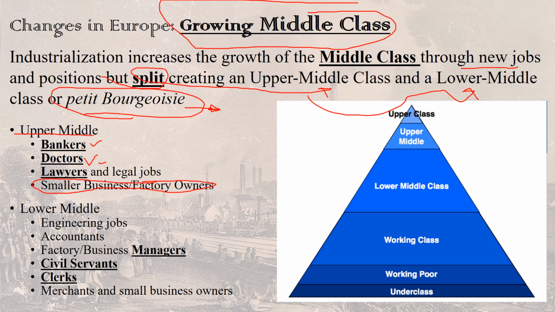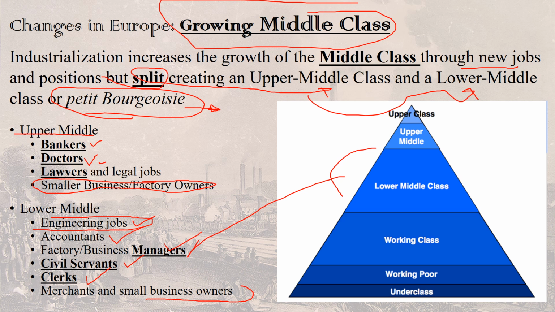And then you have this massive lower middle class, a much larger group. They're the ones with engineering jobs, they're accountants, they're factory and business managers, civil servants, clerks, and the smaller artisans, merchants, and business owners. And this is the class that sees arguably the most growth, because a lot of these jobs specifically come about because of the Industrial Revolution.